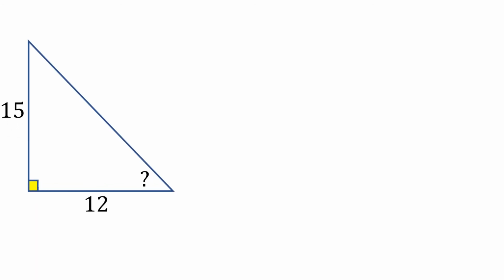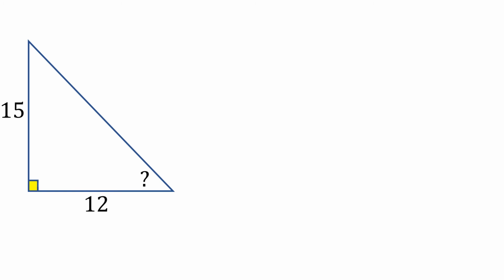How about this example? We have given sides 15 and 12, and the missing is the angle. So what are involved here? The angle, the opposite side, and the adjacent side. So which trigonometric ratio are we going to use?